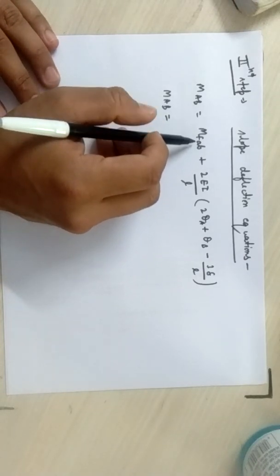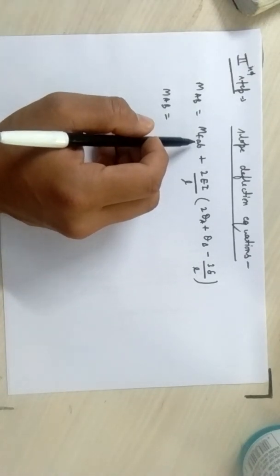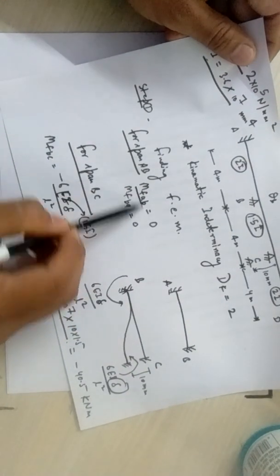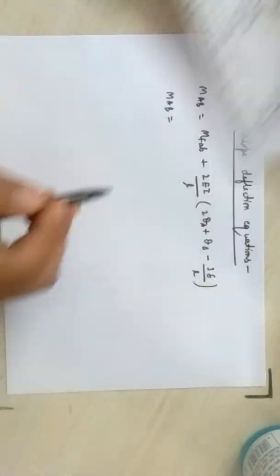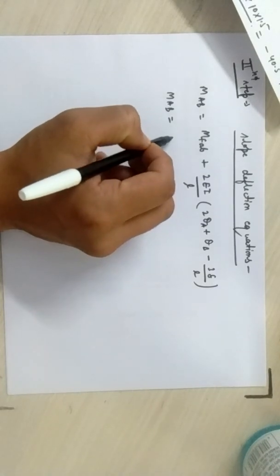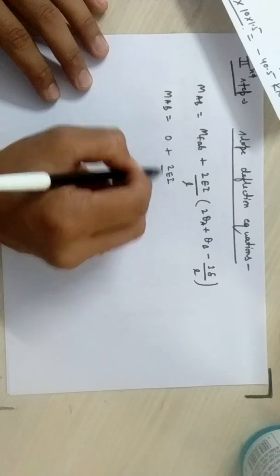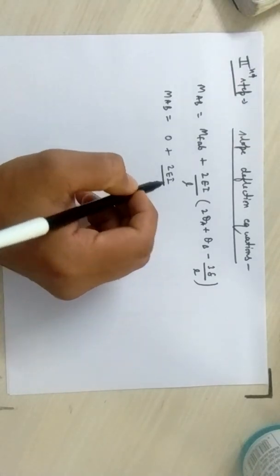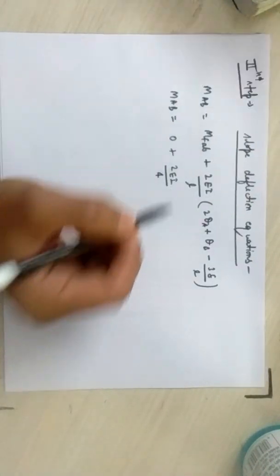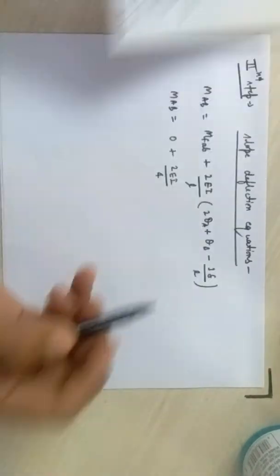What is the value of MFAB? We have already calculated it. MFAB, this one. So MFAB is equal to 0. So we'll put it as 0 plus 2EI upon L, L is 4.